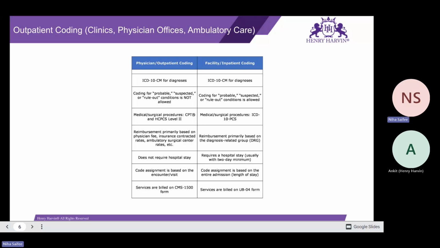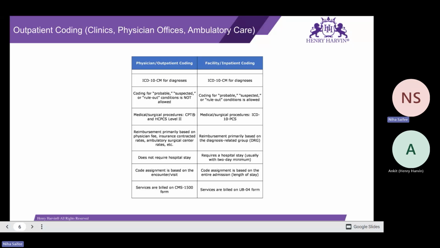Outpatient code assignment is based on the encounter or visit. An encounter is nothing but the scheduled appointment of a patient with the physician. That is what we call an encounter. So the physician has seen the patient.